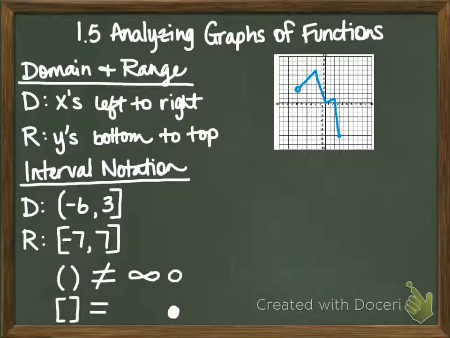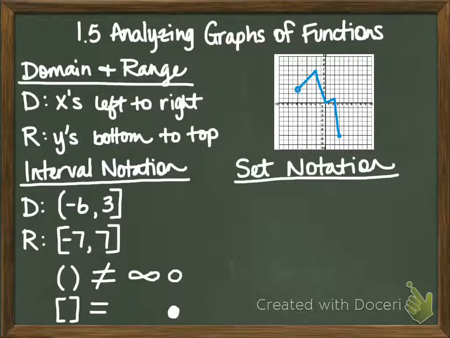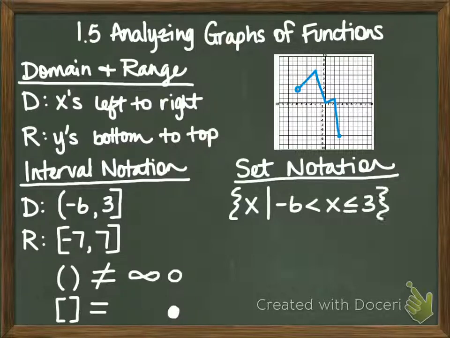So that's interval notation. The next is set notation, which you might see on a homework assignment or in the notes or in a book somewhere. Set notation looks like this, and as a mathematician we would read: x such that -6 is less than x less than or equal to 3. What that means is that the x's for this function are between -6 and 3.